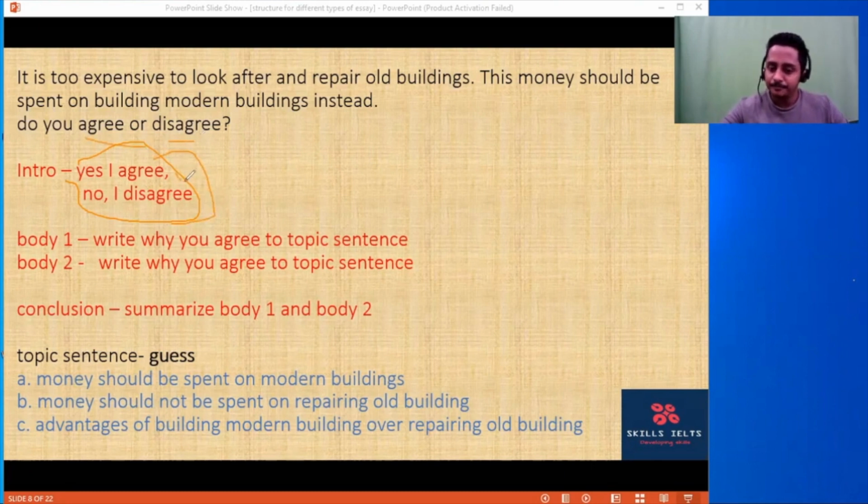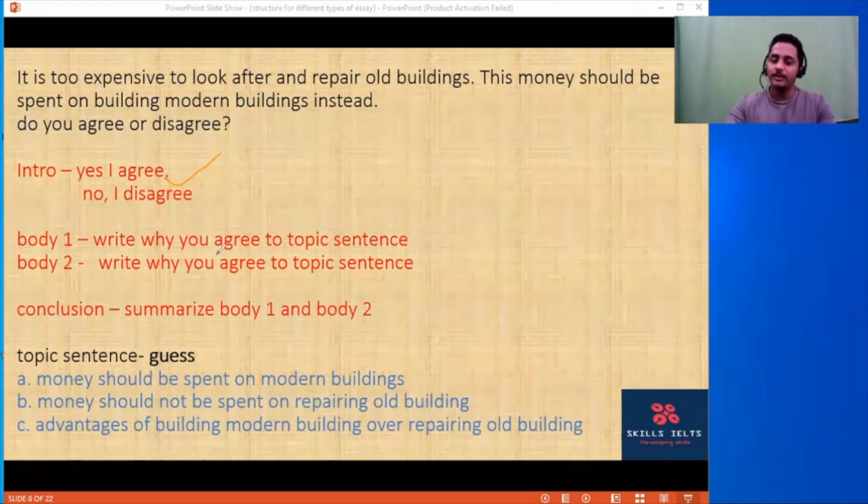Let's say you agreed. I repeat, let's say you agreed. In body one, you should write why you agree with the topic sentence. Kindly pay attention to this. The answer is not in this slide. In the next slide, I've got the answer. I'm going to ask you a question now. Body one will be why you agree with the topic sentence.